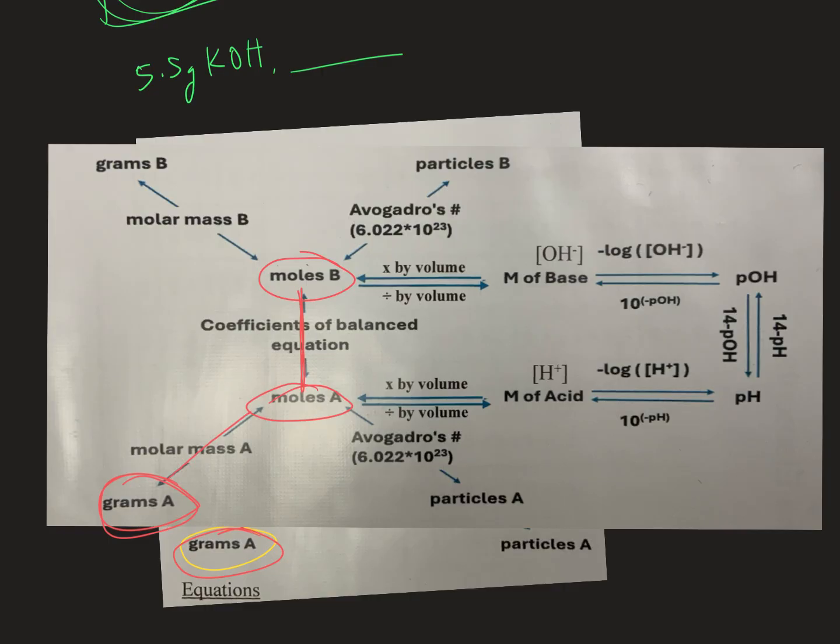So this says multiply or divide volume, but hold on a sec. What if we have molarity instead? If we have moles, molarity is just a conversion factor from moles to liters, right? So we just use molarity to convert it to liters. Good? So it kind of doesn't say it on here, but let's get to moles anyway.